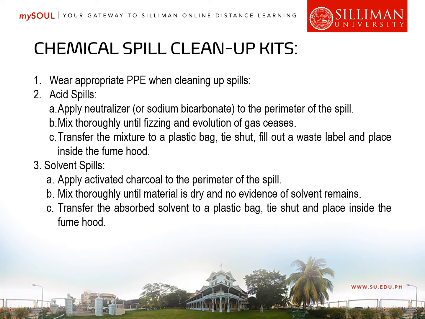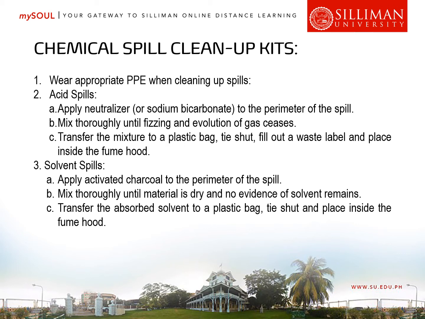Then what if our spill is a solvent spill? So these are the steps. Apply activated charcoal to the perimeter of the spill. Mix thoroughly until material is dry and no evidence of solvent remains. And lastly, transfer the absorbed solvent to a plastic bag, tie shut, and place inside the fume hood.